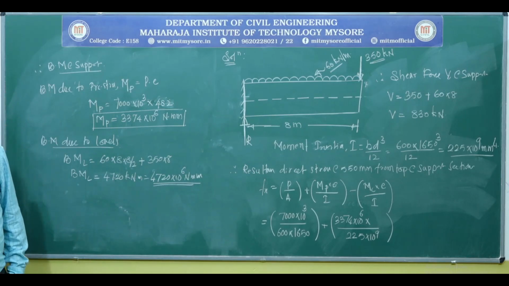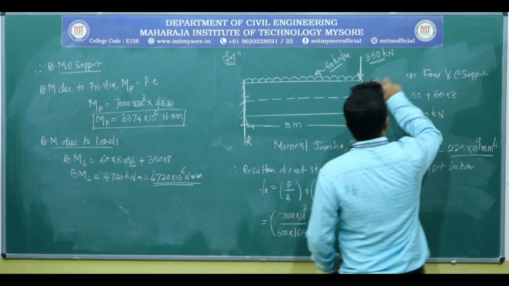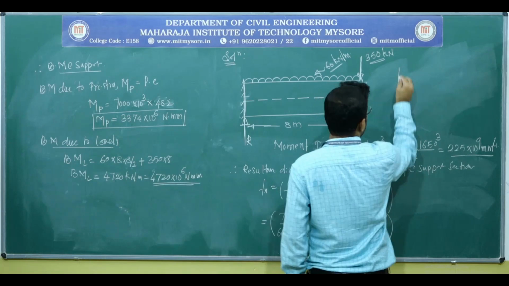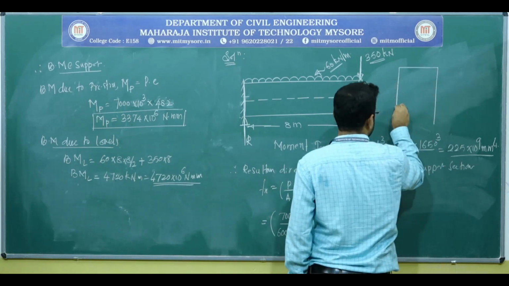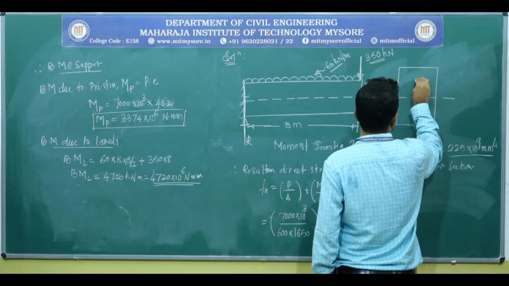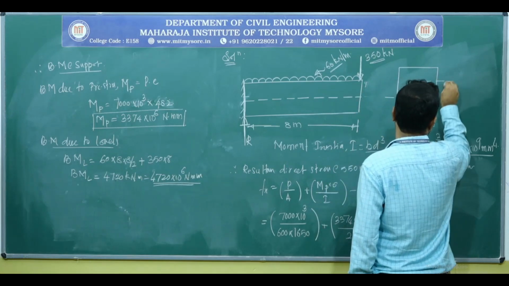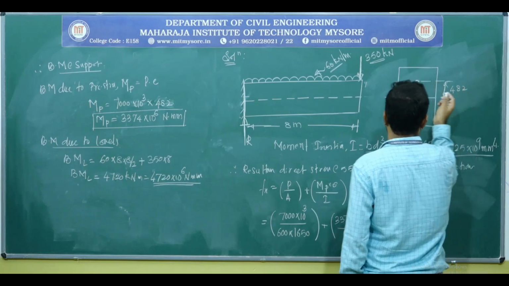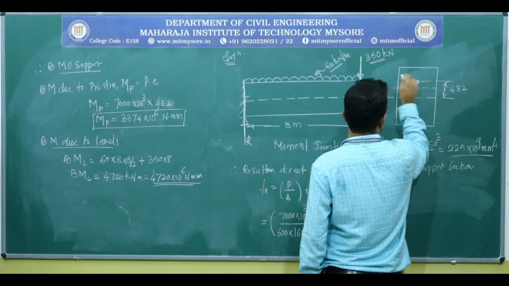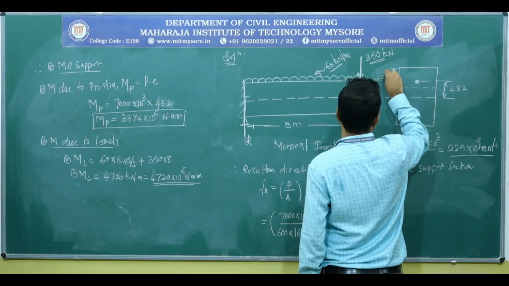We are calculating the stresses not at the center of the pre-stressing cable, we are calculating somewhere else. If this is the beam, this is the neutral axis. The eccentricity of the cable is somewhere here, about 482 millimeter, but we are not calculating the stresses here, we are calculating stresses at a distance of 550 millimeter from the top.